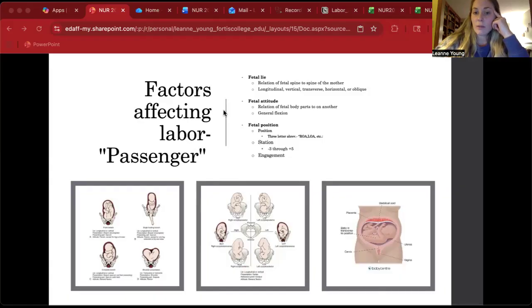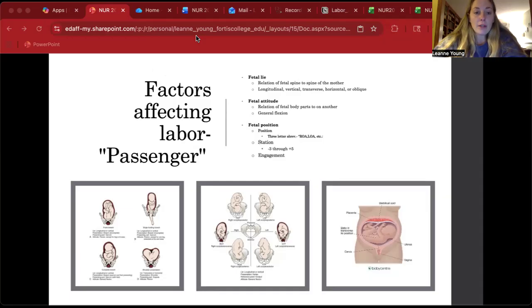So if you hear that somebody has a transverse lie, that typically means that baby is going to need to be delivered via C-section. Okay. The way that we describe them would be longitudinal or vertical, transverse or horizontal, or oblique. But I want you guys to know that the most common and preferred would be longitudinal.